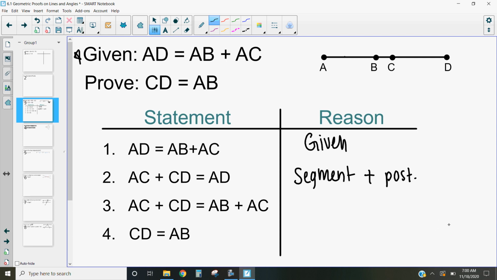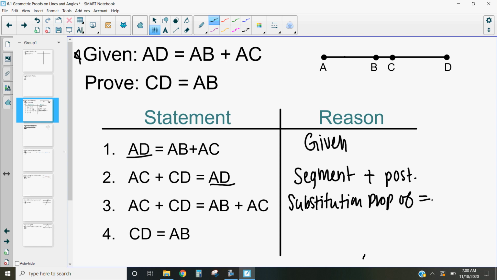Okay, then we have that AC plus CD equals AB plus AC. Now what they did here is they took this AD and they substituted in AB plus AC for this AD, right? Because they're equal. So what tells us that we can do that is called the substitution property of equality, which basically says if two things are equal, we can replace them with one another.